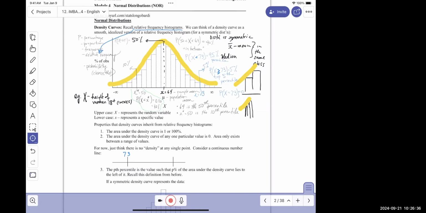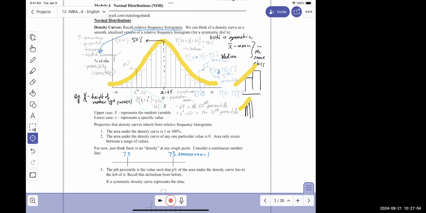Okay, 73.05. Oh yeah, so you guys wrote some things. Basically, there are infinitely many values between 73 and 73.0000000000001. Between here and here, there's infinitely many values.